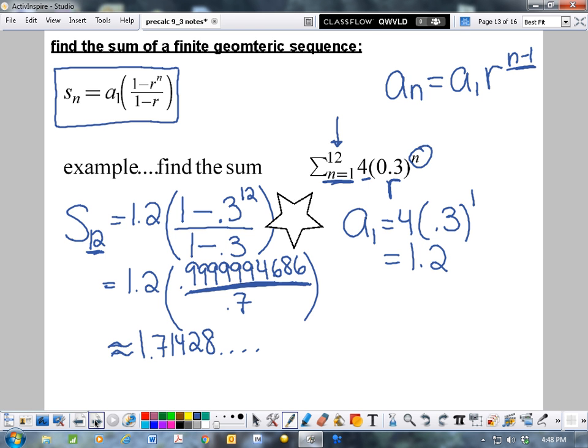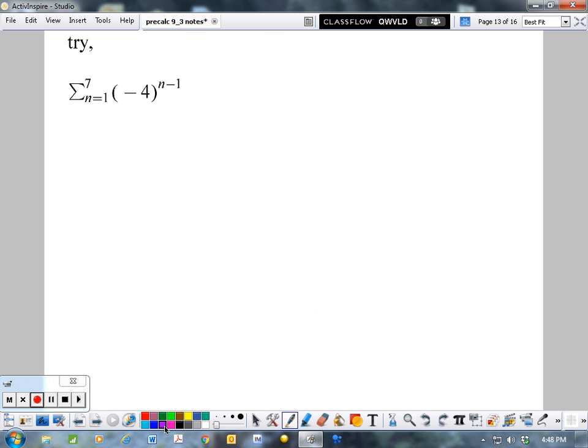Okay, so we're going to try another one. We're going to find the sum of our first 7 terms of the geometric sequence. And our first term is when we plug in 1, because that's where we're starting our sequence. So this is going to be negative 4 to the 1 minus 1.